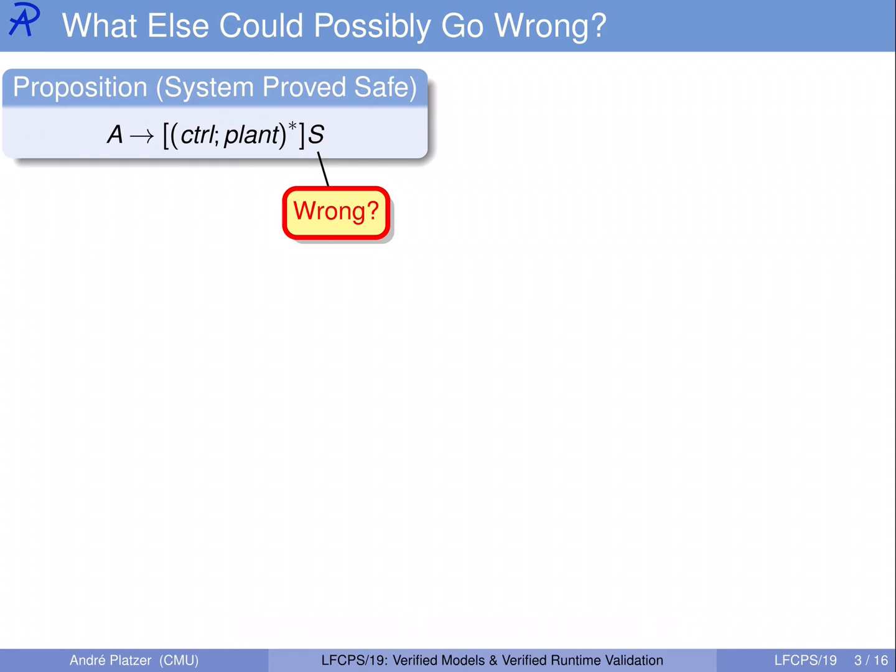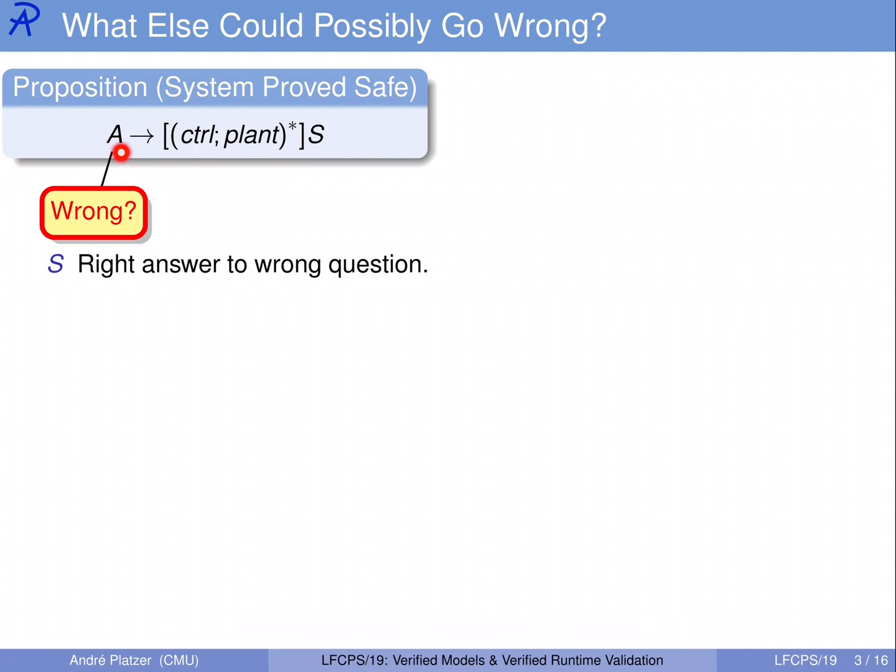Well, I guess in that case, you have a beautiful proof for the wrong question, because you proved maybe that your car never exceeds the speeding limit, but forgot to prove that it also doesn't crash with others. Or the other way around, maybe you prove that your car never crashes with others, but it does so by exceedingly speeding up, and that's probably also not a great idea. In other words, we very carefully need to review to make sure that we're really asking the right question. What if the precondition A is wrong?